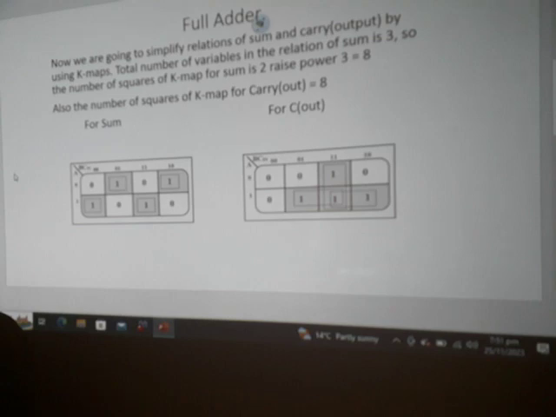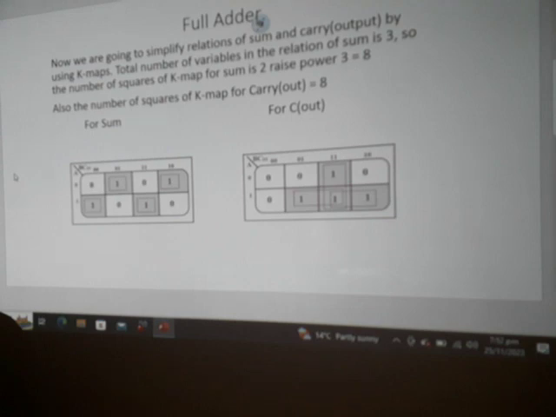Now we will write 1 in the squares which should be according to the minterms given in the relation. So in the first row we have 1 in the second column. Similarly, 1 is written in the square which is in the first row and the last column.